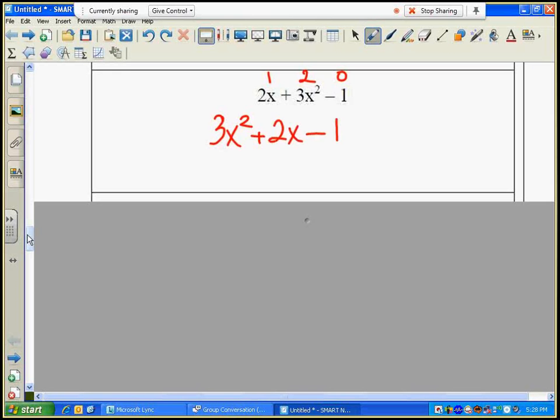It's now written in standard form. And now I can also classify it. This will be a second degree trinomial. It will also have a leading coefficient of 3. Okay, next example.